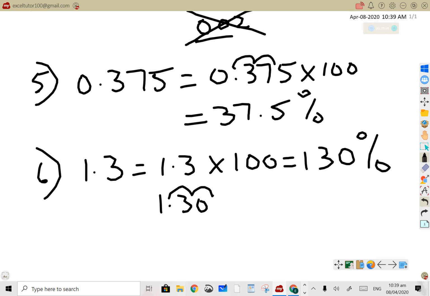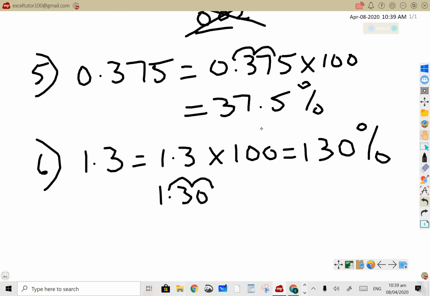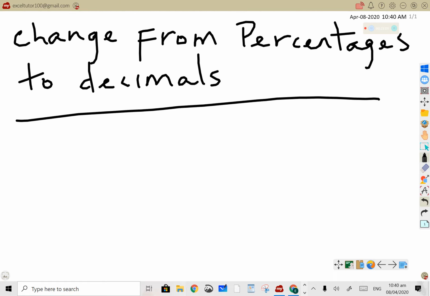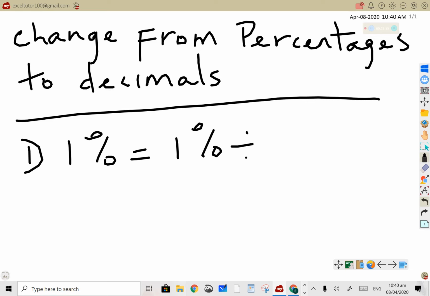Alright, so we're going to take a look at our last type of conversion. Our last type of conversion would be changing from percentages to decimals. So first we have 1%, and again reminding you, everything is either multiplying or dividing by 100.